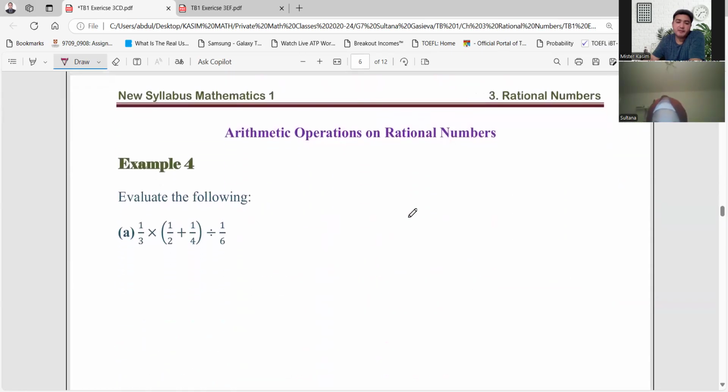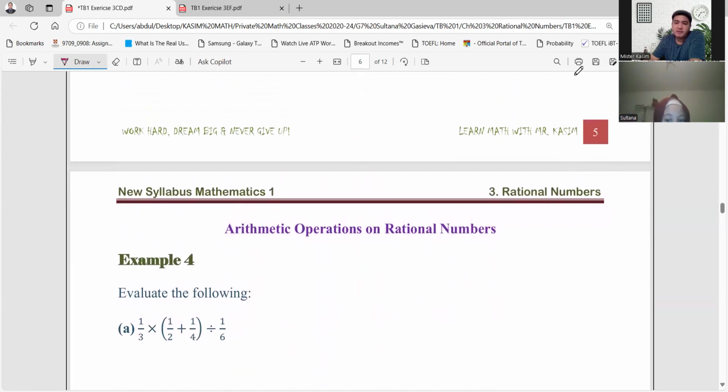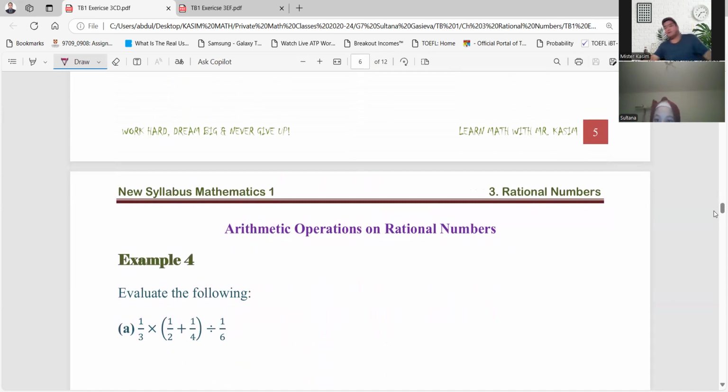Okay, all right. Now, arithmetic operations on rational numbers. Now there's addition, multiplication, division, and subtraction together. And again, you know PEMDAS, right, Sultana?